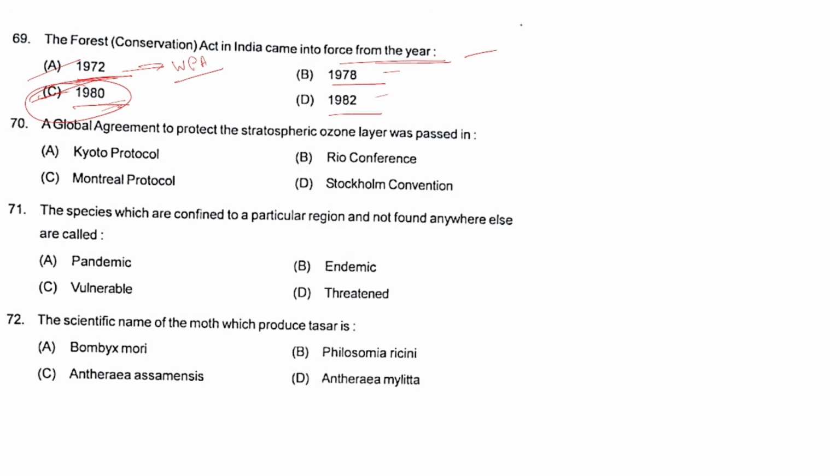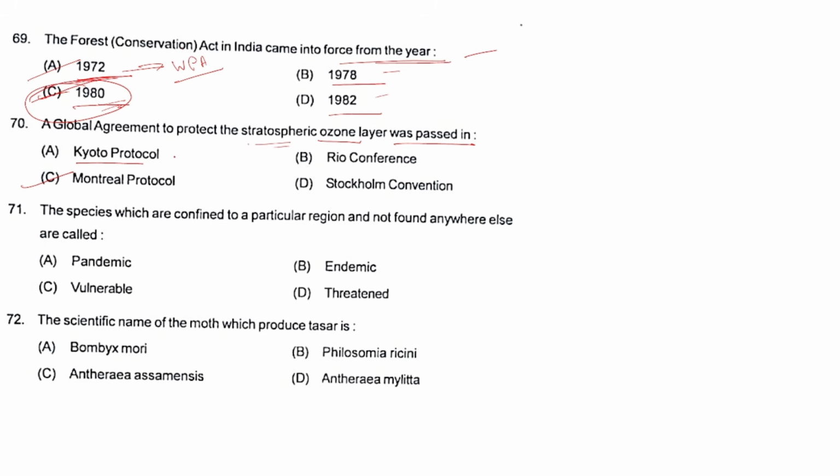Okay. Next, moving on to question number 70. A global agreement to protect the stratospheric ozone layer was passed in Kyoto Protocol, Rio Conference, Montreal Protocol or Stockholm Convention. So the right answer for this will be Montreal Protocol. Okay, option C. What happened in other protocols?